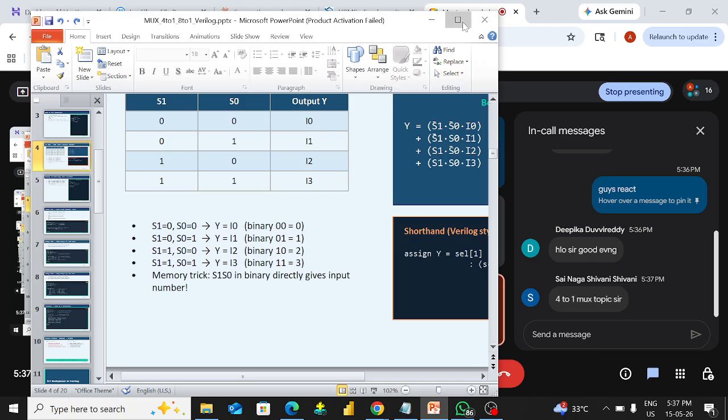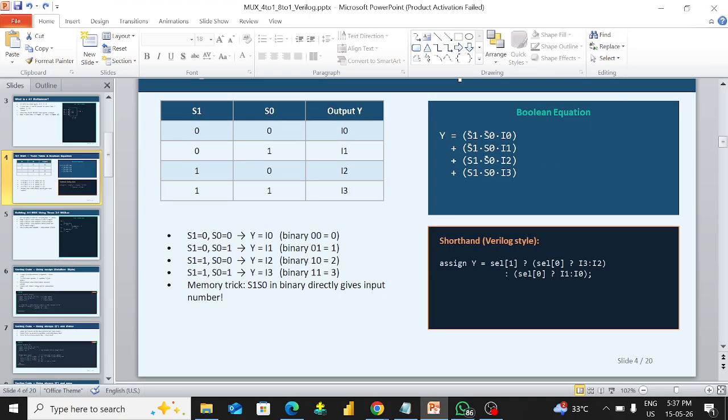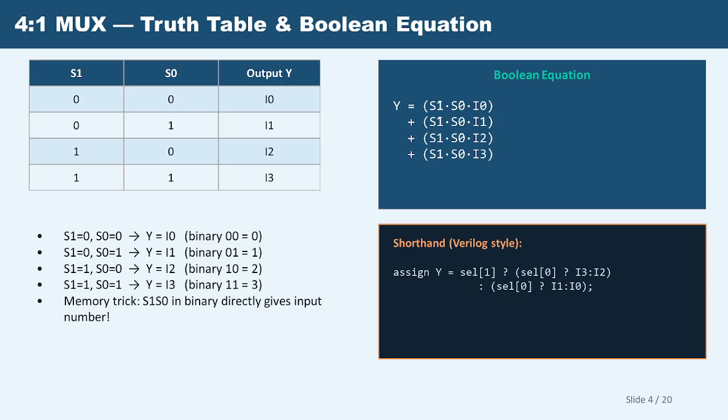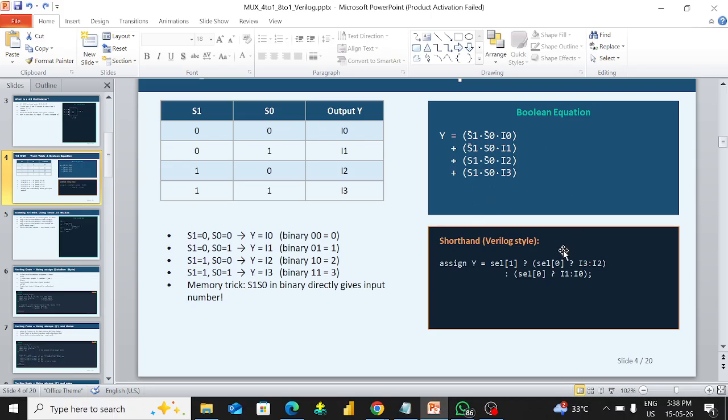Okay, look here, I will explain this. See here, how to derive this Boolean equation. This Boolean equation can be derived easily. If you know the truth table, we can write this equation in an easy method.